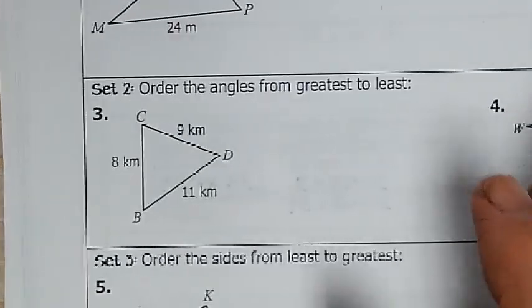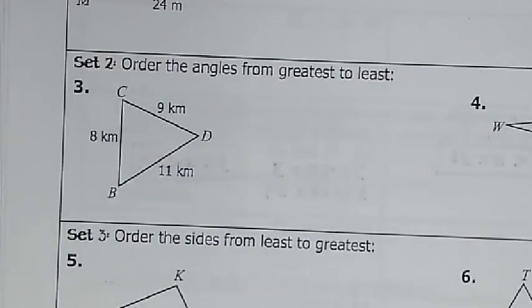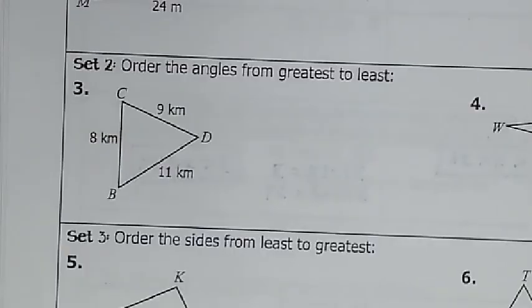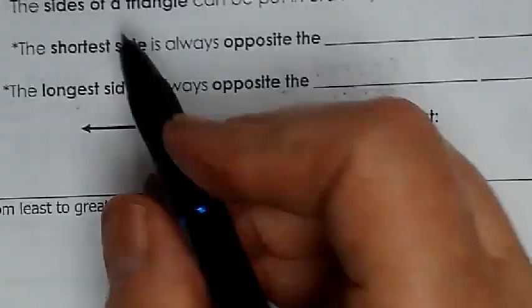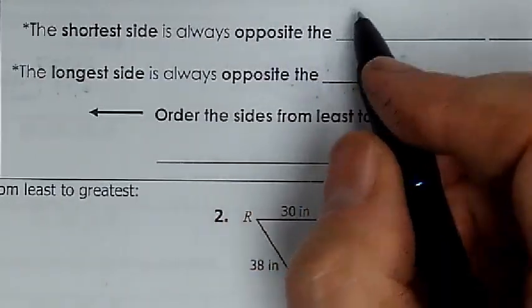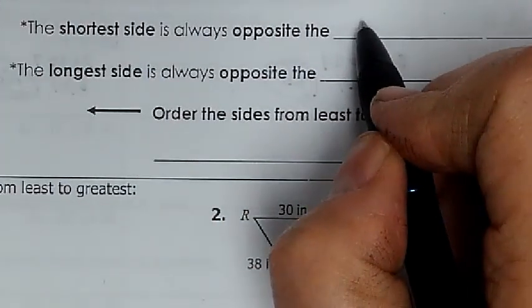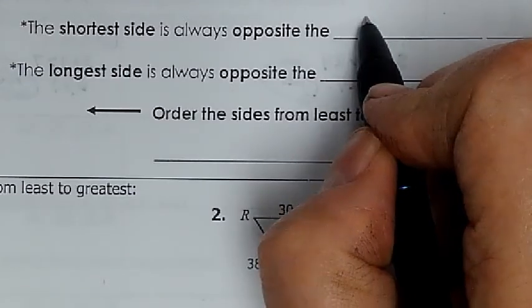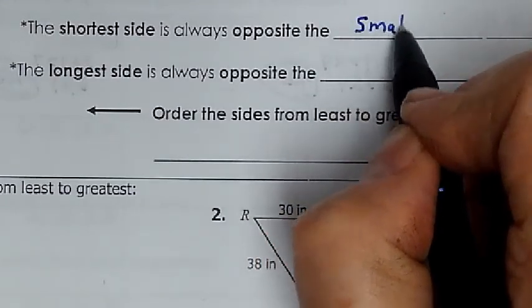So remember that the shortest side is always opposite the smallest angle. The longest side is always opposite the biggest angle.